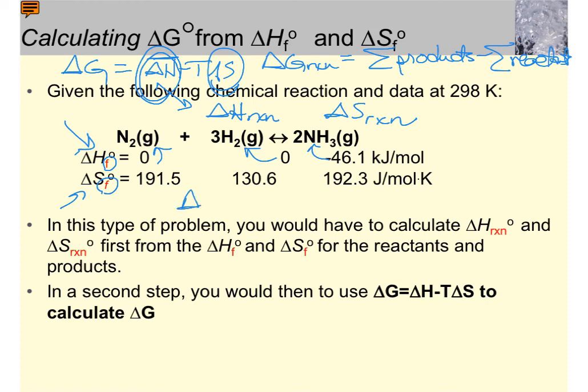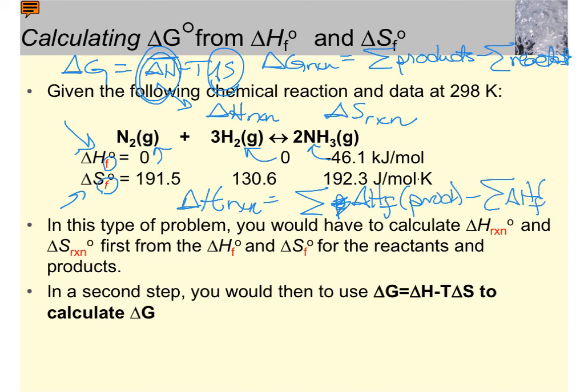So the first step, you would have to calculate delta H of reaction by using the summation of heat of formation of products minus heat of formation of reactants. And so that would be step one. You would get the enthalpy of reaction with the formations.